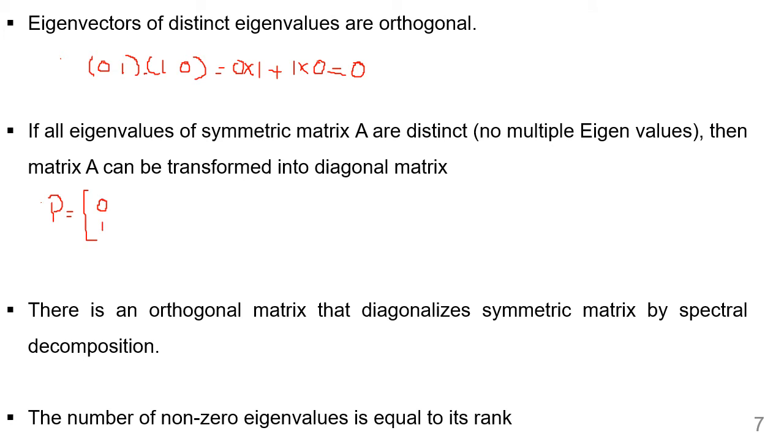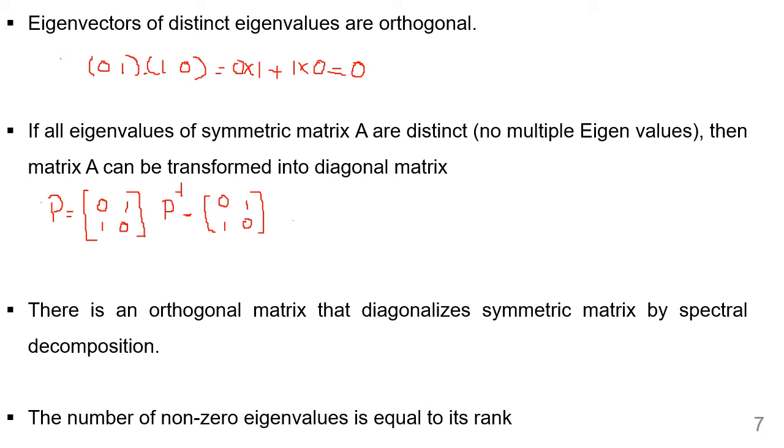Corresponding to eigenvalue 1, I have got this as 1, 0. When I take the inverse of this P, I get 0, 1, 1, 0. That we have seen earlier, A transpose is equal to A inverse in case of a symmetric matrix. This happens to be a symmetric matrix.